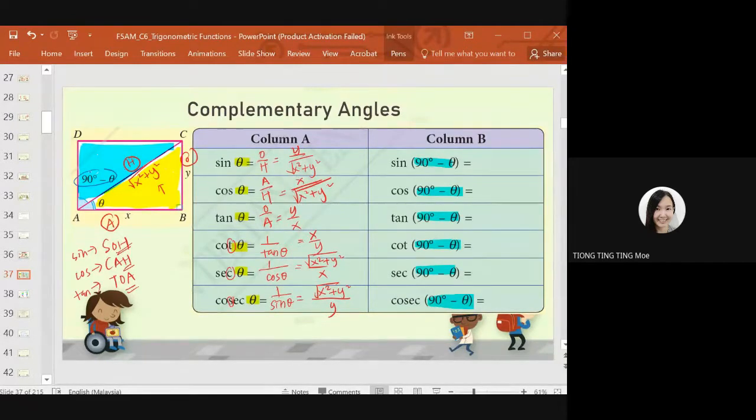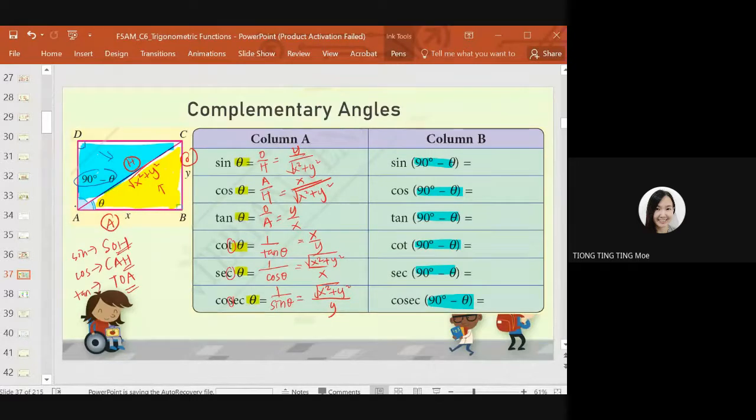We have to find sin, cos, tangent for the blue triangle with the angle 90 minus theta. So this is 90 degrees, the hypotenuse is still the same. Put your finger at the angle here: one side is the hypotenuse, another side is the adjacent.